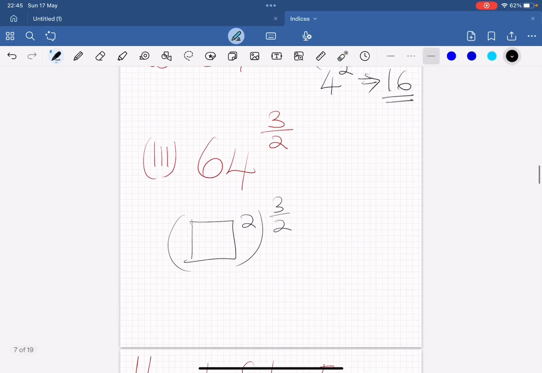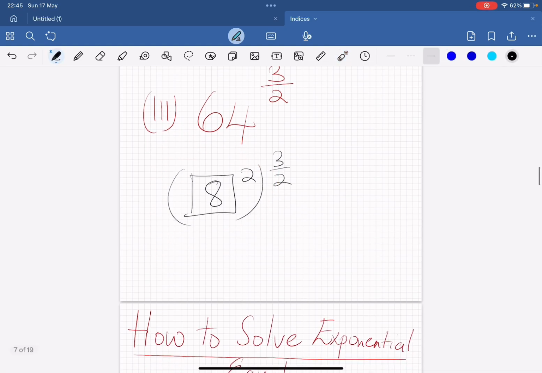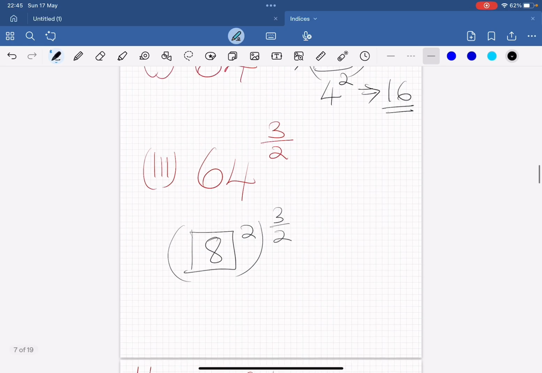Now, recapping your basic numeracy, we all know that 8 squared is 64. So it means that the 64 has been replaced by the 8 squared. So this works out. Now, 8 squared by 3 over 2, the 2 and 2 are going to cancel out because these will multiply. Hence, you are basically left with 8 to the power 3.